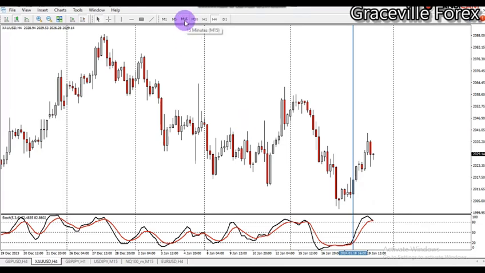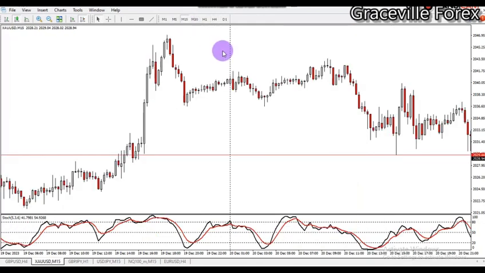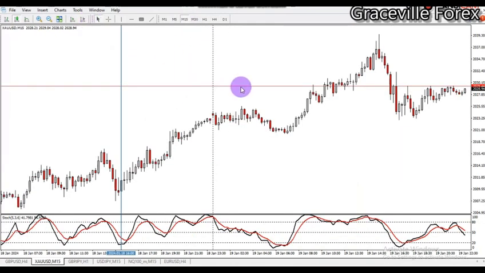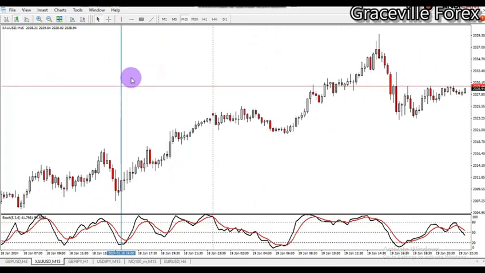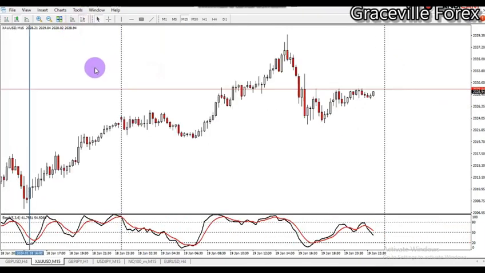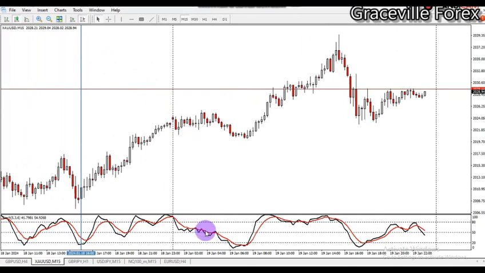So what do we do? We go to the lower time frame. This is where we marked it. On this time frame, we look for the first oversold position.